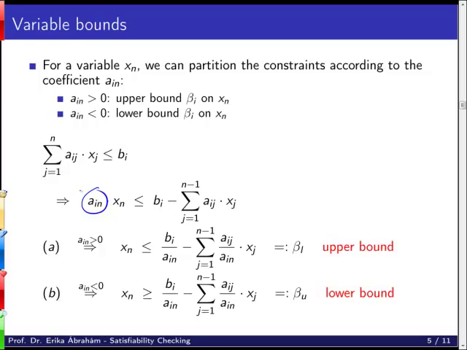What kind of bound is it? So I have here this constraint, and this coefficient is 0. What kind of bound is it on xn? None. So in this case, it does not put any bound. Actually, xn does not appear. It appears syntactically, but doesn't appear semantically in this inequality.